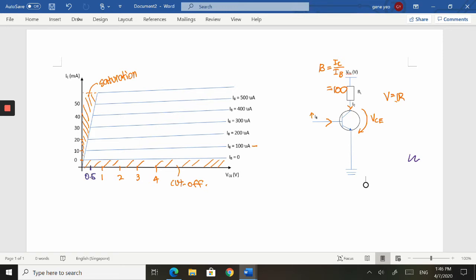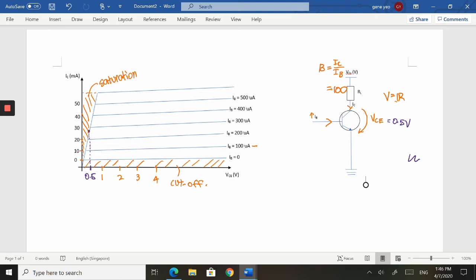So let's say my VCE value here is 0.5 volts. Now, using whatever IB value I have, I find that I hit saturation very fast.